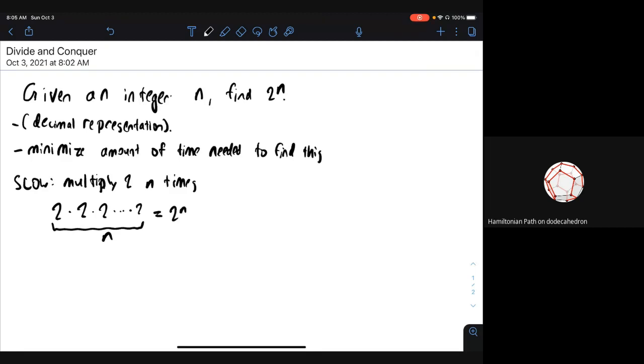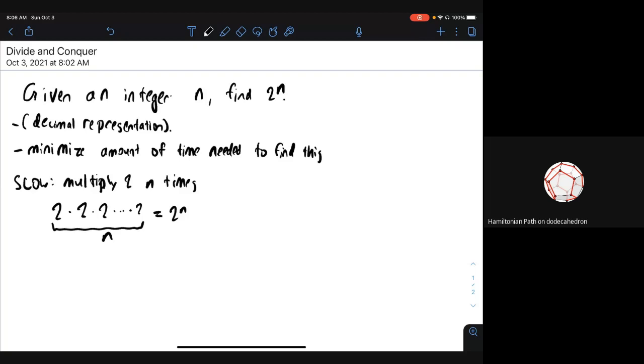Right. So this takes n multiplications. And let's say n is something like 1 billion or 2 billion or 3 billion. We're also going to assume that we have enough memory to hold the result of this.